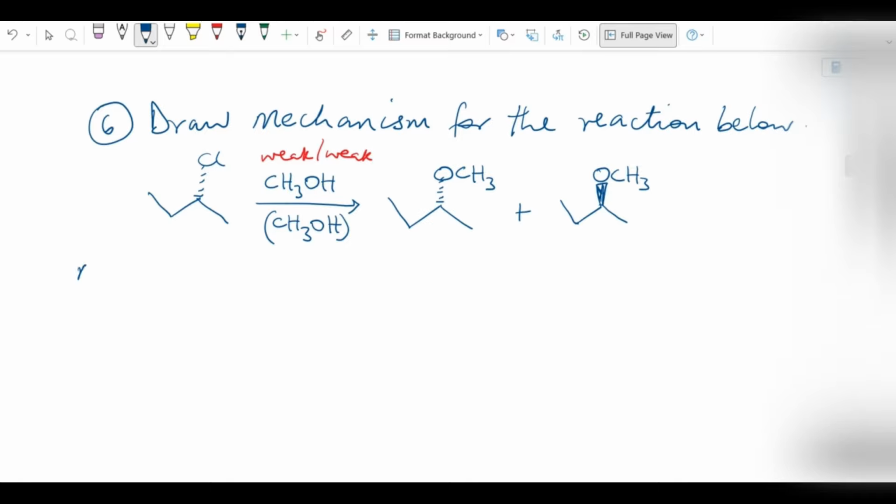So let's go ahead and draw the mechanism. Now, since this is an SN1 mechanism, the first step is that the leaving group will leave. And when it does, it will form a carbocation intermediate.